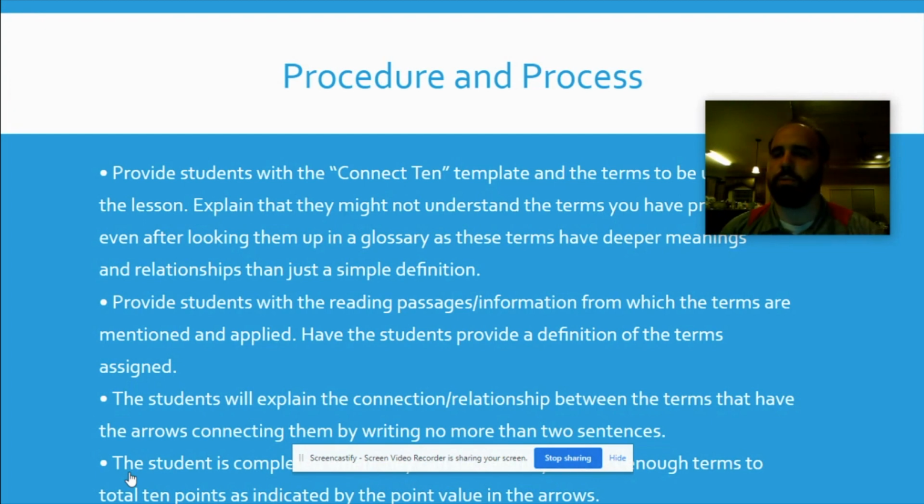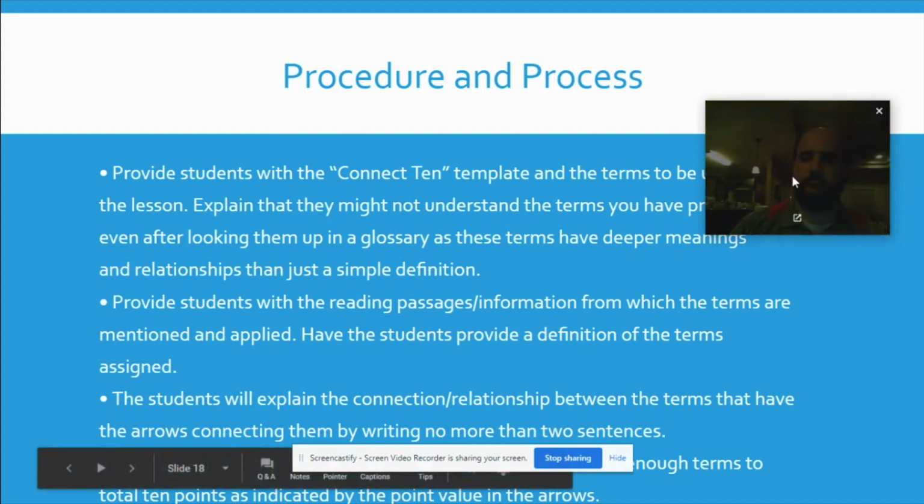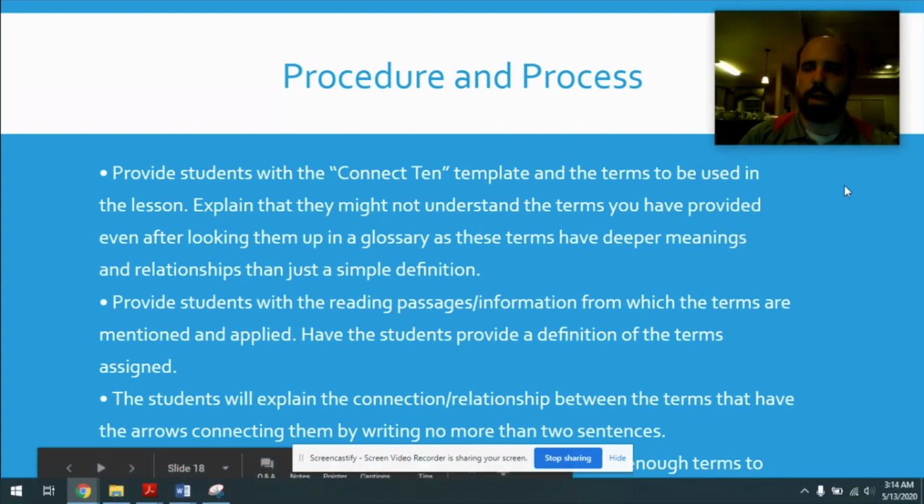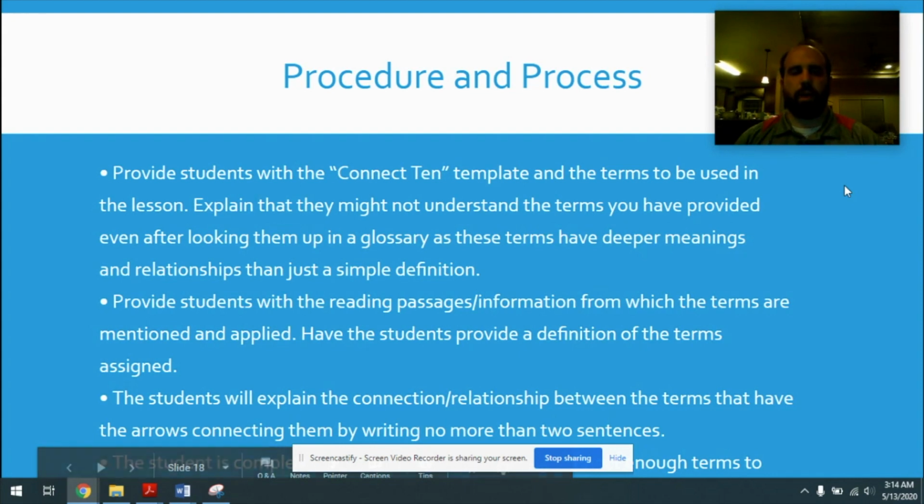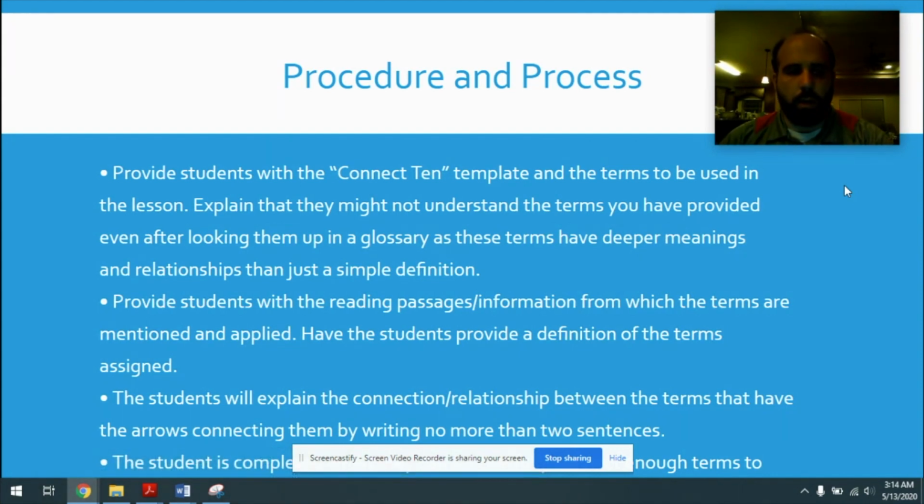All right, continuing from the examples of the quality, acceptable and unacceptable examples. Once we've got a good establishment of what that is, obviously we're going to work through the template.